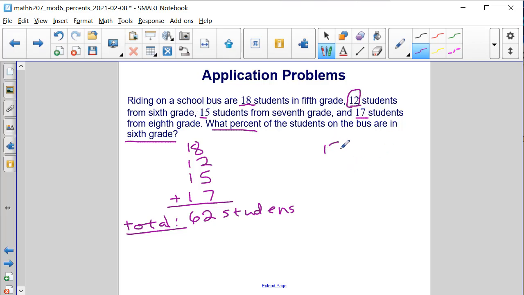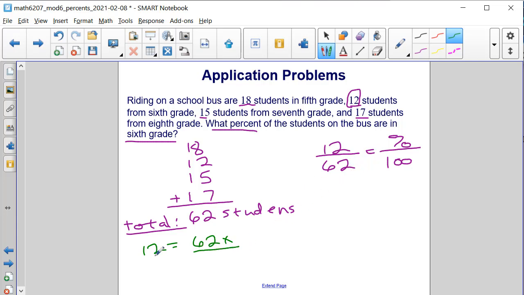So 12 students out of the total 62 is what percent over 100 as the proportion? Or you could write it as this equation, 12 is equal to 62x, where x is the percentage that you're looking for.